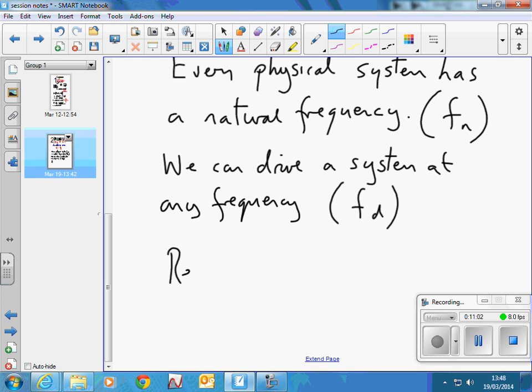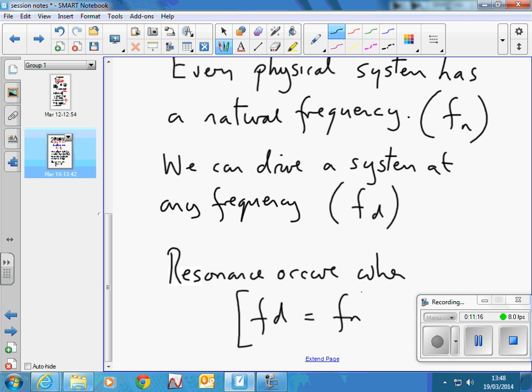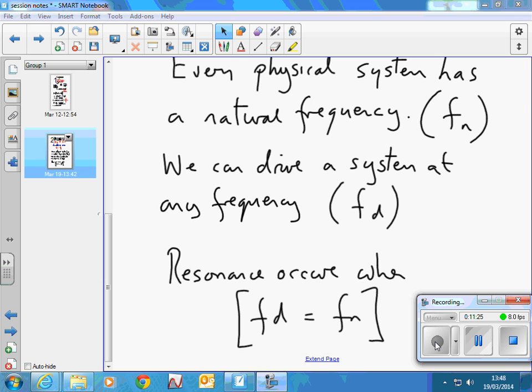So resonance occurs when the driving frequency equals the natural frequency. That's an interesting point, when we're driving a circuit at its natural frequency. So in a physical system, when resonance occurs and the natural frequency equals the driving frequency, we get large oscillations and large currents, as I've said.